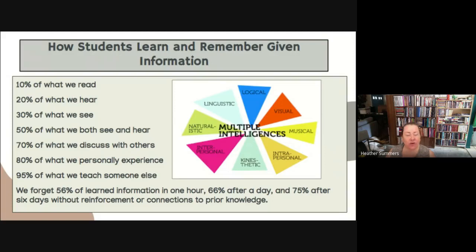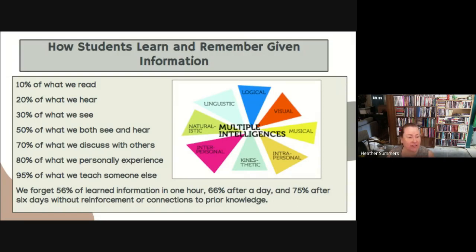So if you are striving for retention and memory becoming part of your long-term memory, you can't have just a reading that's done in class and expect students to retain all of that information.